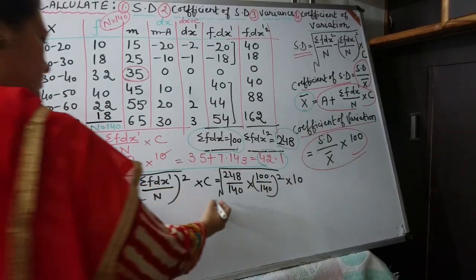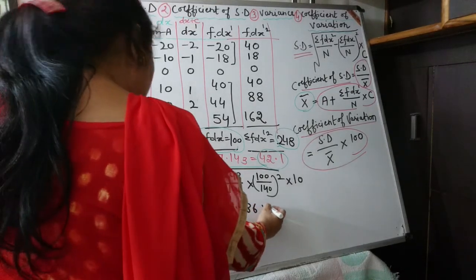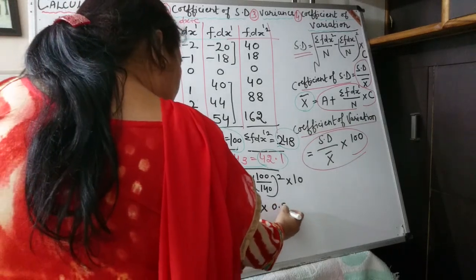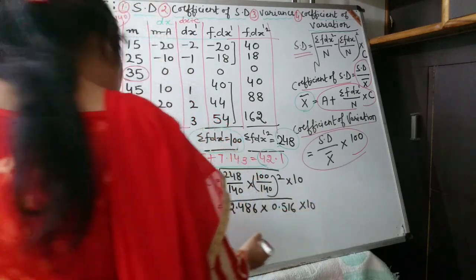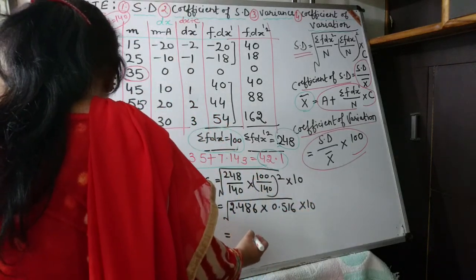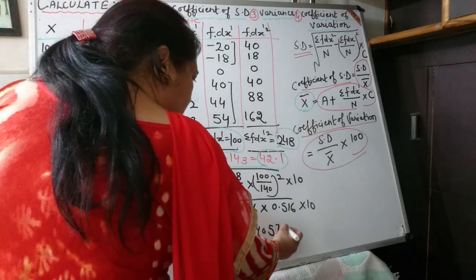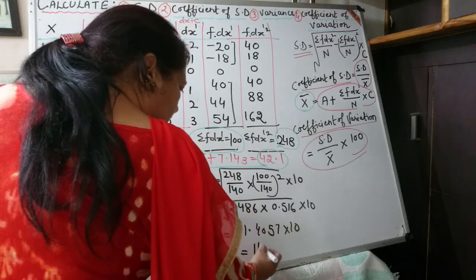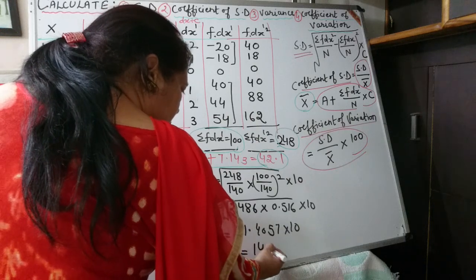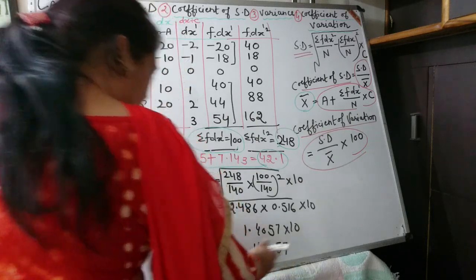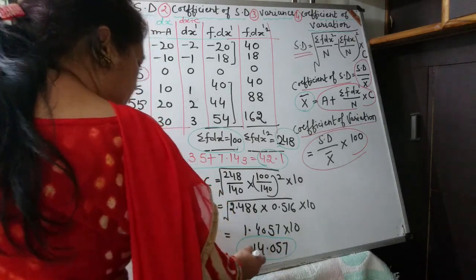Next it will be equivalent to 2.486 minus 0.516 under root, multiplied by 10, which is equal to 1.4057 multiplied by 10, and the answer is 14.057. This will be the answer of standard deviation, 14.057.